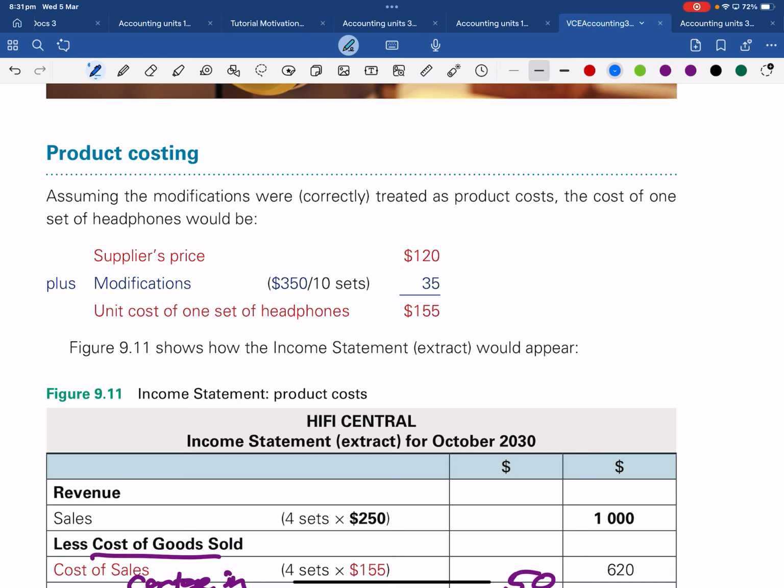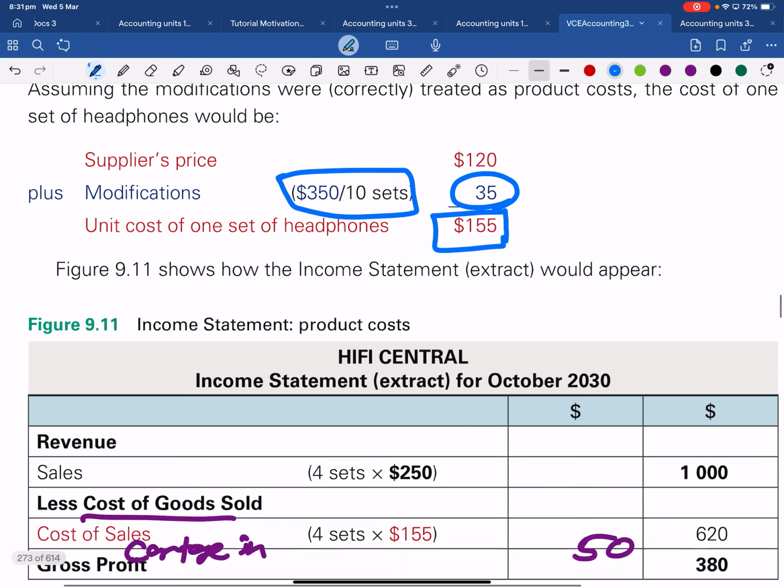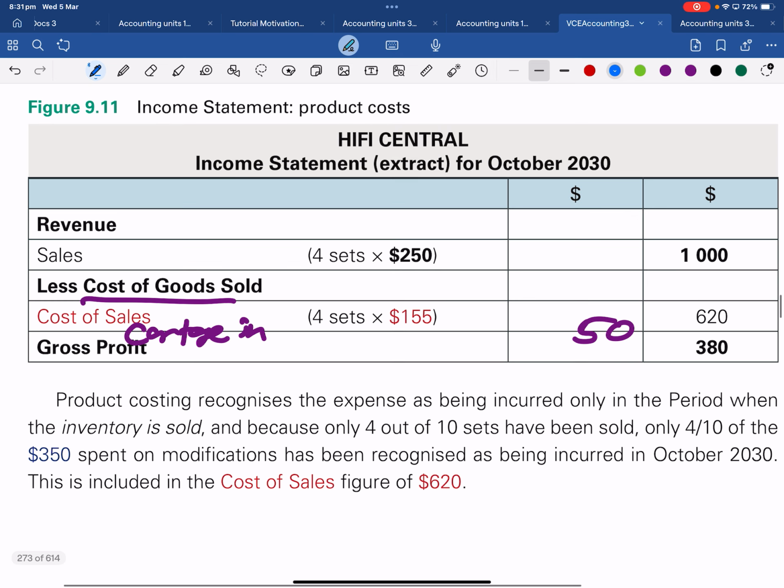So the point is, let's say we identify that modification cost as a product cost. Then for every unit we will allocate $35. How? 350 divided by 10. Then the unit cost of the headphone is 155. Now see what happens in the income statement.